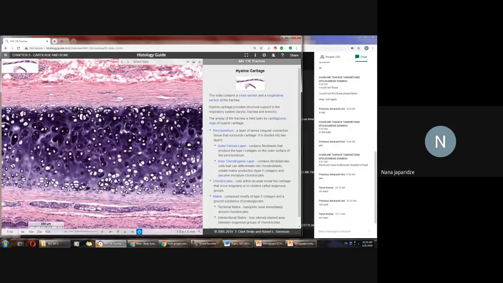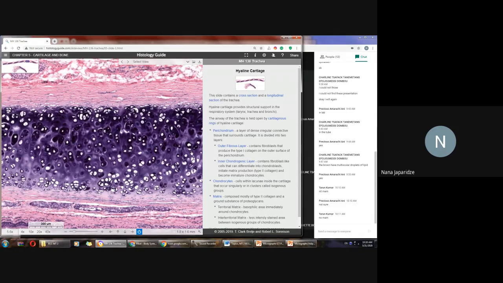So new cells, new layers of extracellular matrix, and it means new layers of cartilage tissue, are added in the deeper layers of cartilage.